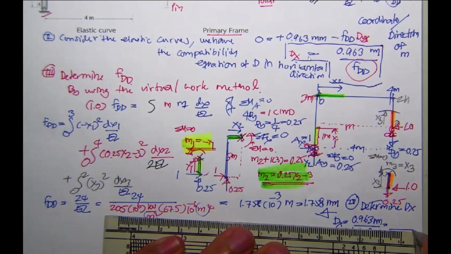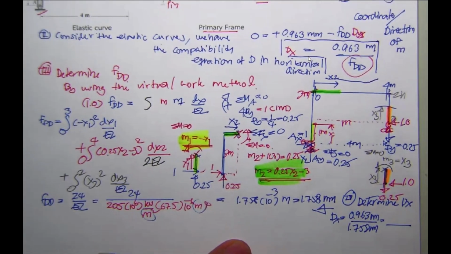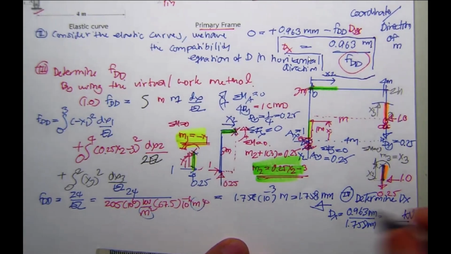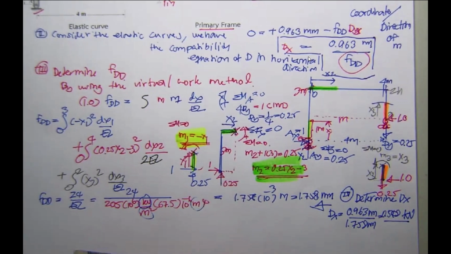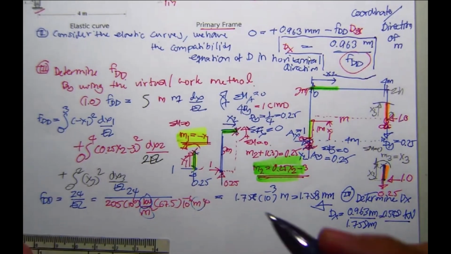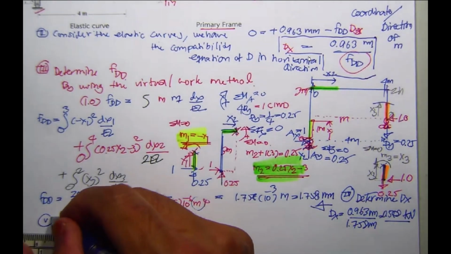But our d sub x must be in the unit of kilonewton because we use kilonewton in our calculation. So the result will be 0.548 kilonewton. Now, we are ready to select.